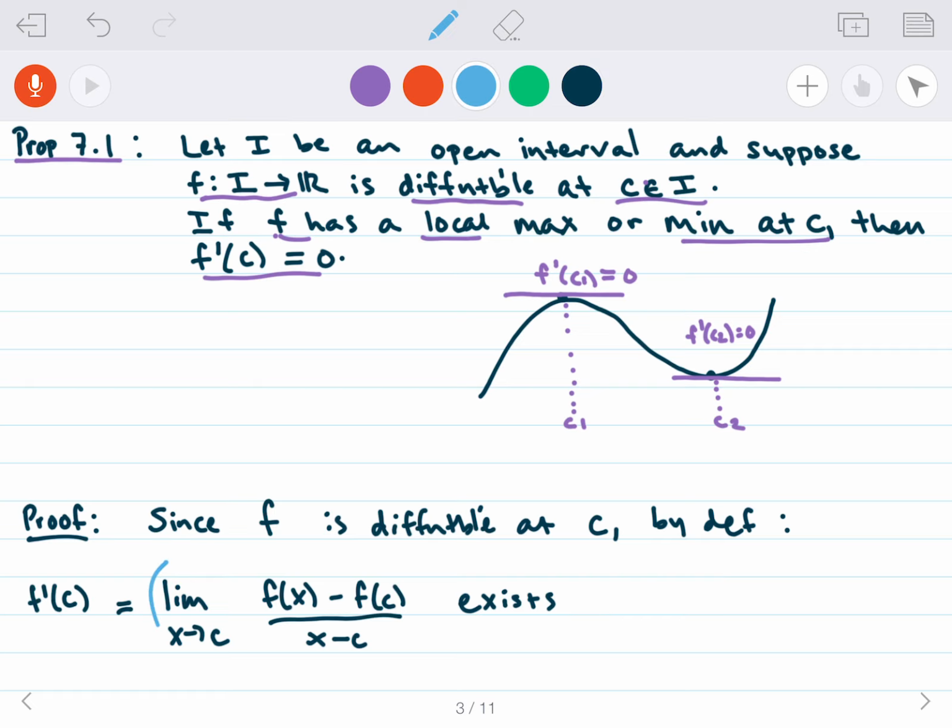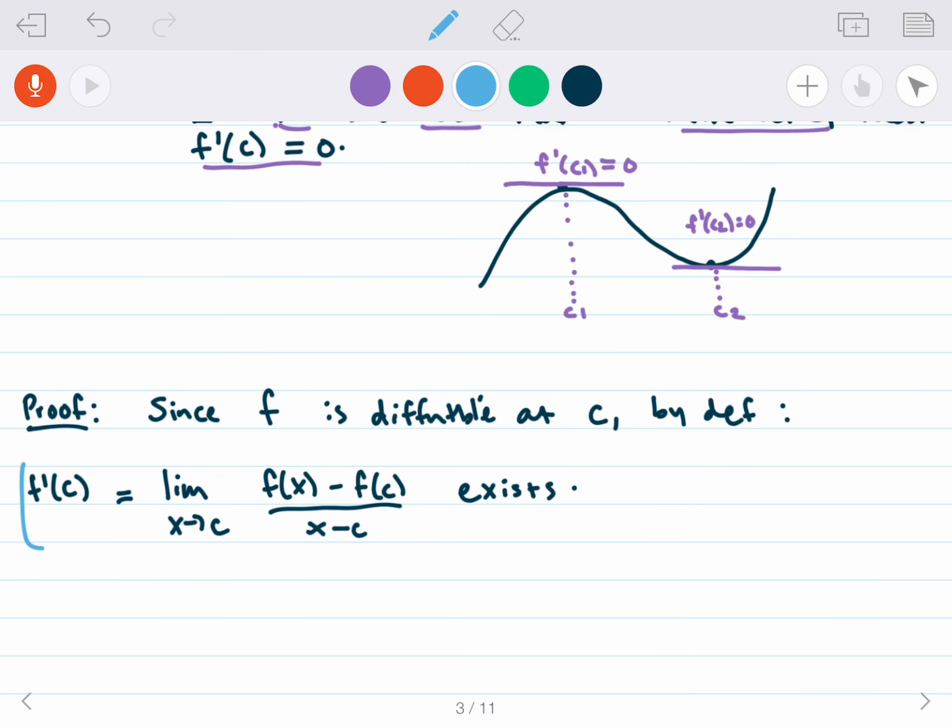What we are trying to show is that this limit is equal to 0. Okay, so I'm just going to put a box around this for now.